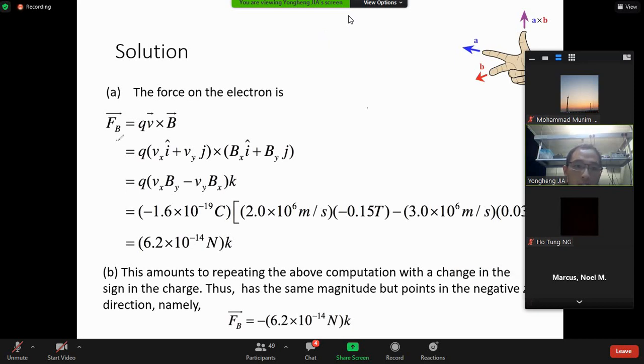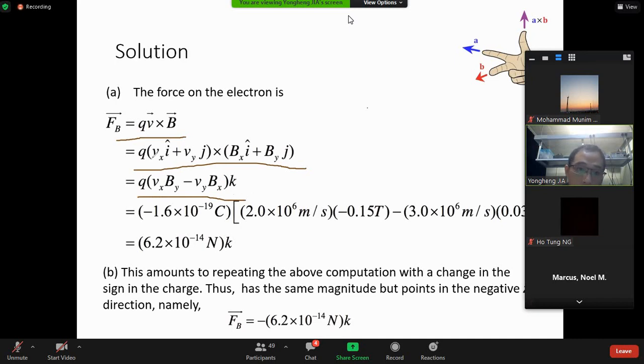For this example, we get this formula, where I cross I equals 0 and J cross J equals 0, since the angle theta between I and I or J and J equals 0, so sine theta equals 0. So we can get this formula here.